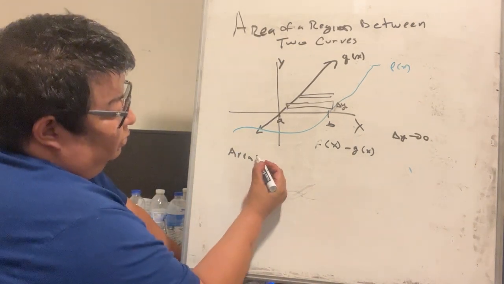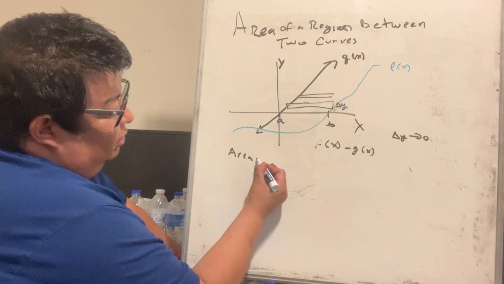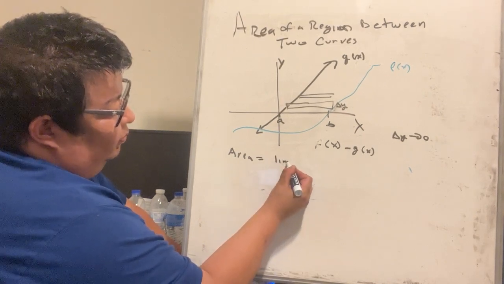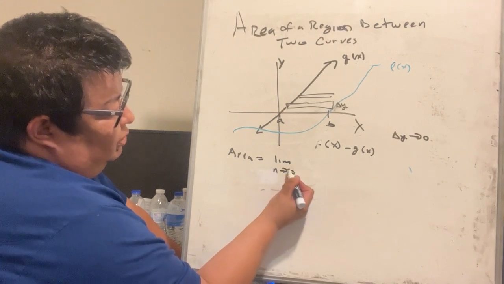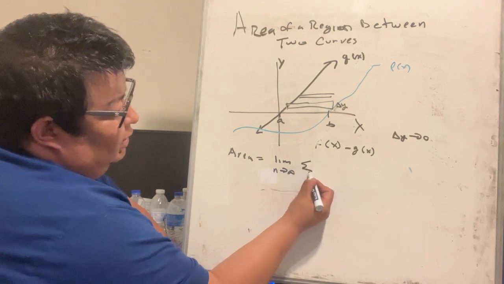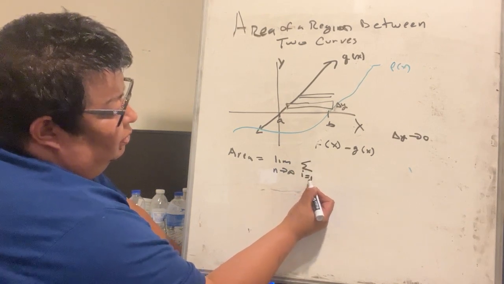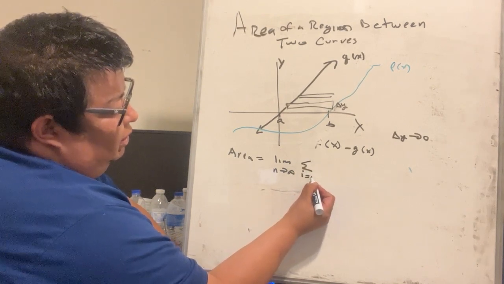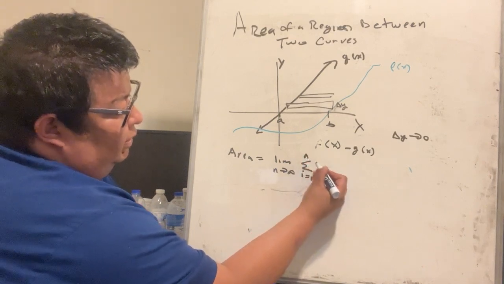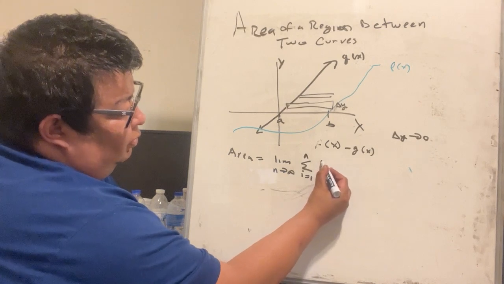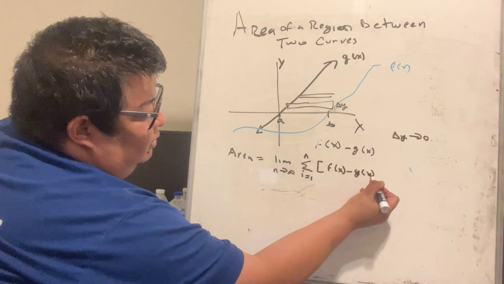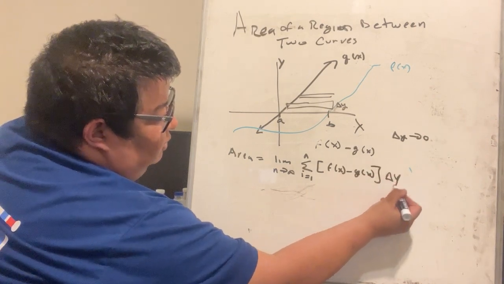Okay, so now the area in this case is going to be the limit as n approaches infinity of the sum from i equals 1 to n of f of x minus g of x times delta y.